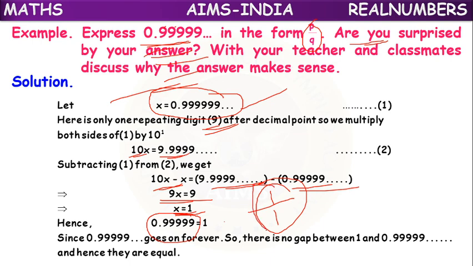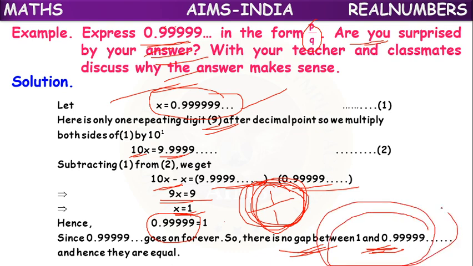See, children. So we have got the answer which is equal to 1, because here 0.99999 is repeating like that. Means there will be no gap between 1 and 0.999, because it is almost equal to 1. So that's why we are getting the answer 1.